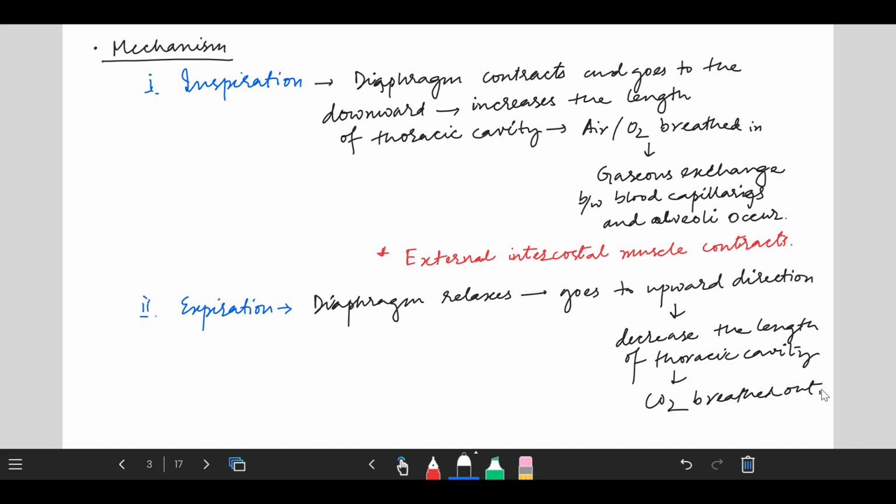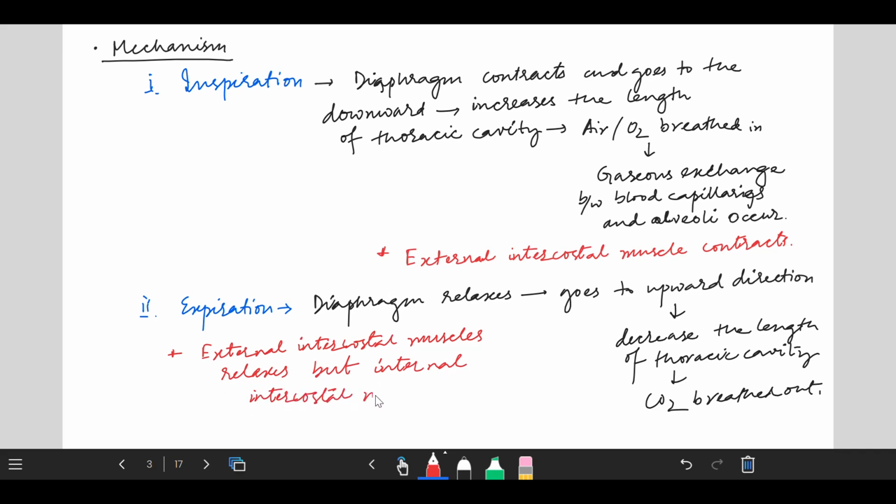Clear? And in this part, what happens? Intercostal muscles: external intercostal muscle relaxes, but internal intercostal muscle contracts.